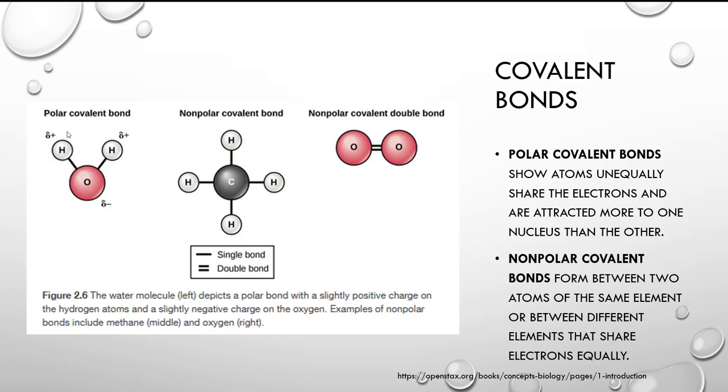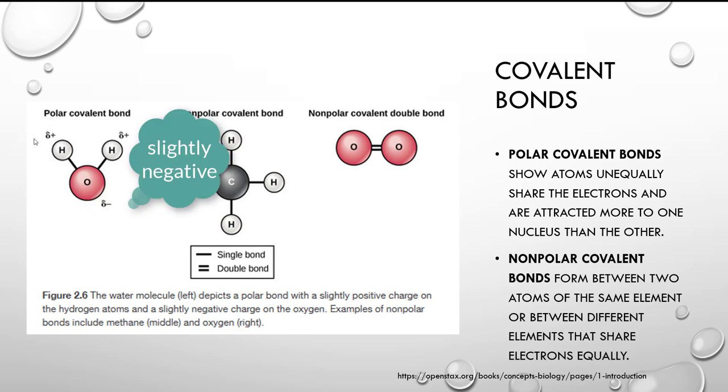And so that leads to this kind of unbalanced molecule. If I look at this entire molecule and its gradient of electronegativity, its positive and negative charge, this side of the molecule is going to be slightly negative because there'll be electrons more often over here.